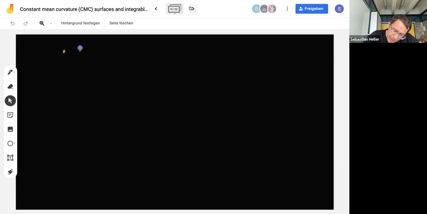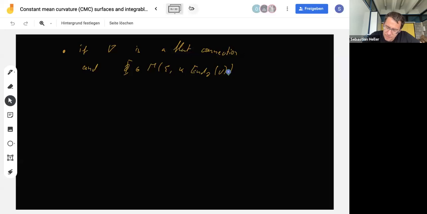So if nabla is a flat connection, and if we add a 1-0 form phi, a section in K and then in the maybe trace-free endomorphisms of the bundle V, then nabla plus phi is flat if and only if phi is holomorphic.